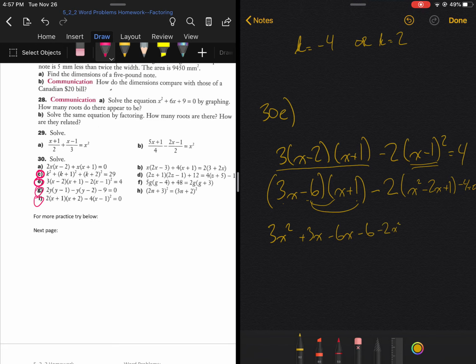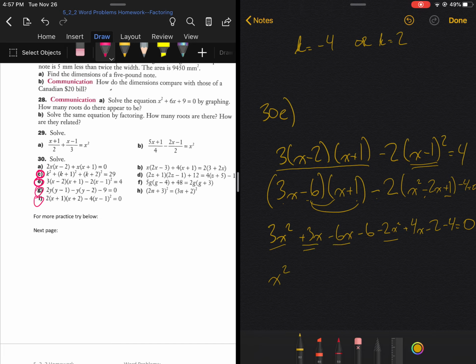This minus 2 acts on everything. So we got minus 2x squared, minus times minus is plus 4x, minus 2 times 1, minus 4 equals 0.